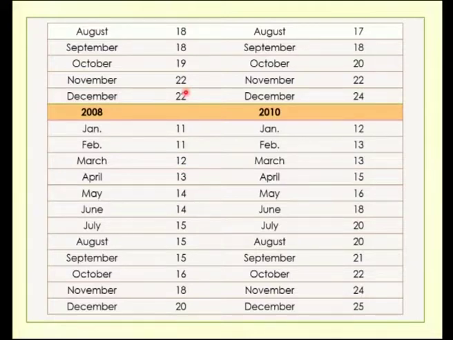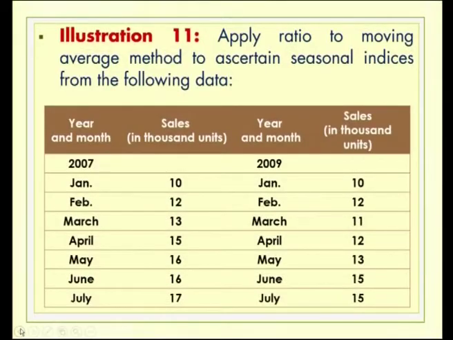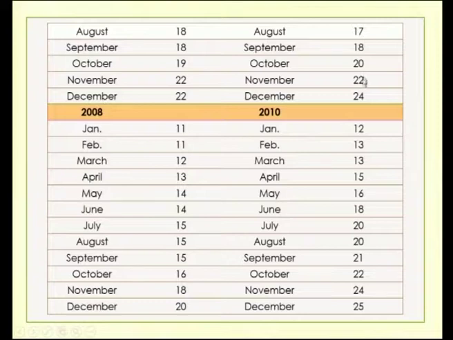Similarly, for the year 2008, the values from January to December are 11, 11, 12 etc. up to 20. Then the values for the year 2009: January value is 10, 12, 11, 12, 13, 15, 15, 17, 18, 20, 22, 24. Similarly, the values for the year 2010 are from 12 to 25, January to December.